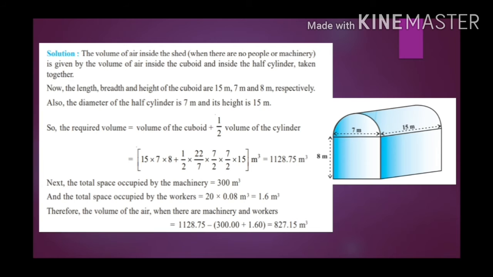So machinery will occupy this much, workers will occupy 1.6 meter cube, therefore the volume of air when there are machinery and workers will be this minus the sum of 300 plus 1.6 meter cube. So the remaining will be 827.15 meter cube. In this way you have to solve this question.